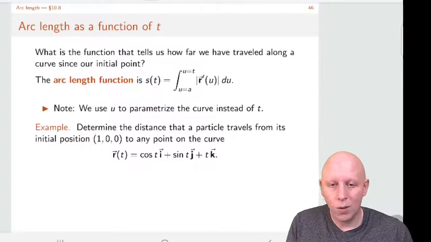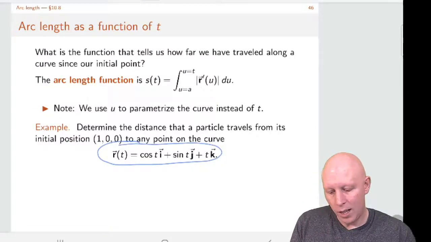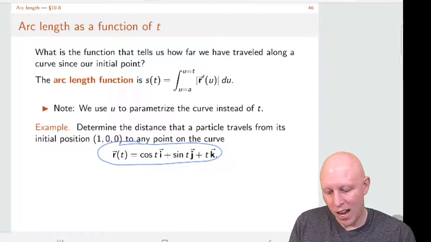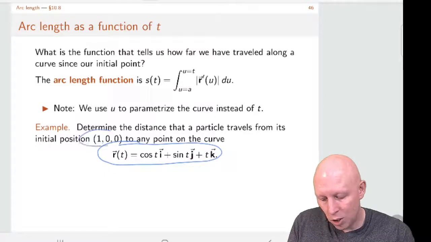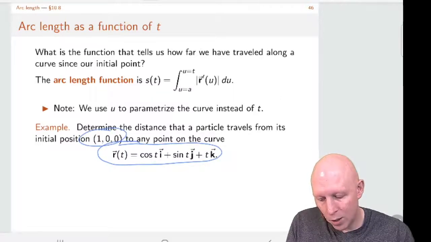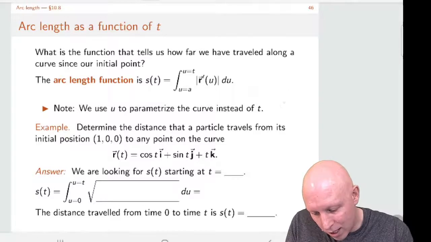All right, so let's do an example. Here's our friend, the helix, and we'd like to understand the distance that a particle travels from an initial position to any point on the curve.